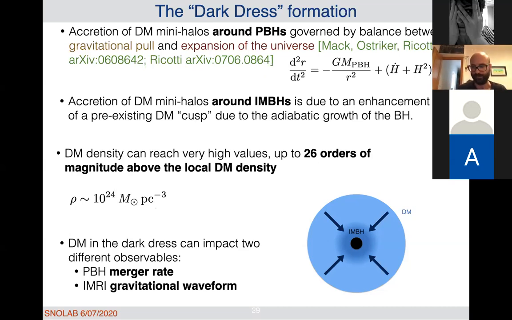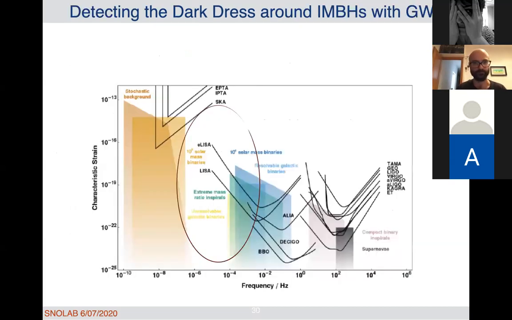The last part of the talk will be dedicated to answering this question, and in particular we will focus on the effect on gravitational waves, the effect of this dark matter spike on the gravitational waveform.